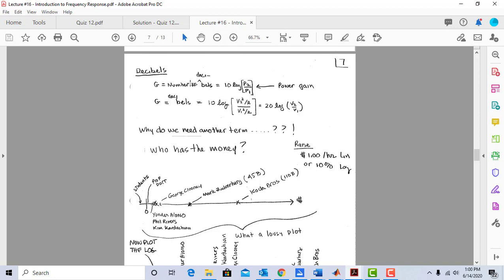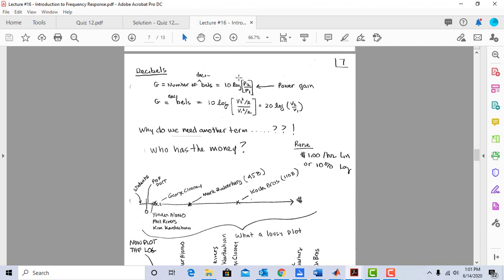Gain expressed in number of decibels is 10 times, that's the deci, the log of P2 over P1, meaning the power in one place divided by the power in another. Typically, the power output of a filter divided by the power input.